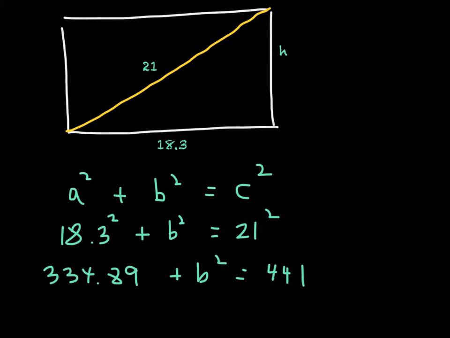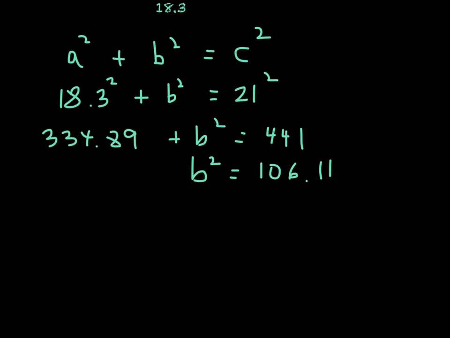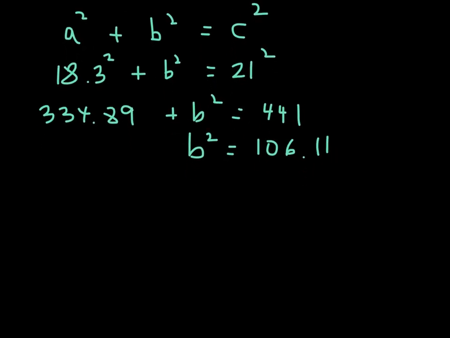When I subtract 334.89 from both sides, I get that b squared is equal to 106.11. Let me move the screen up a little bit. And here I can use my calculator. First, actually, before I use a calculator, I can take the square root of both sides and find that b is exactly equal to the square root of 106.11.